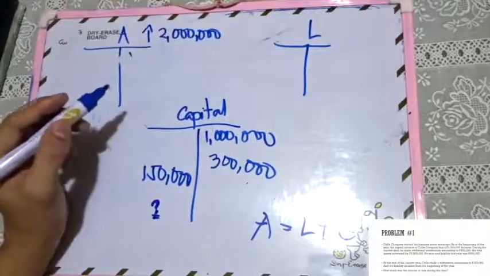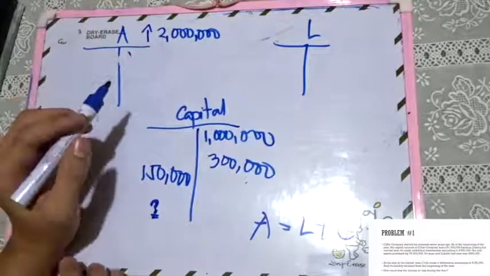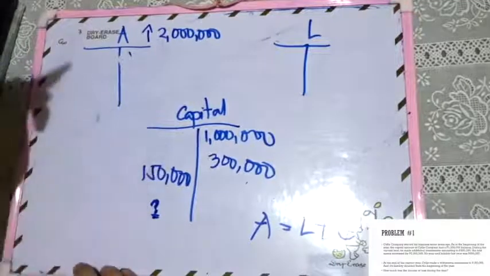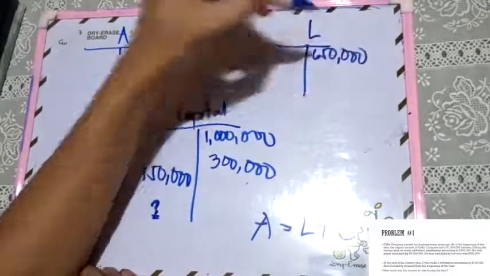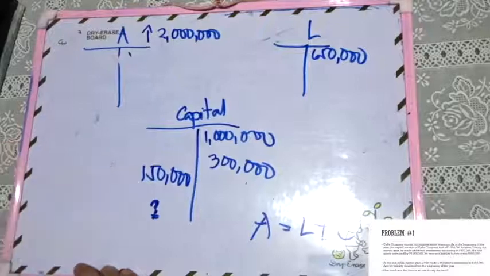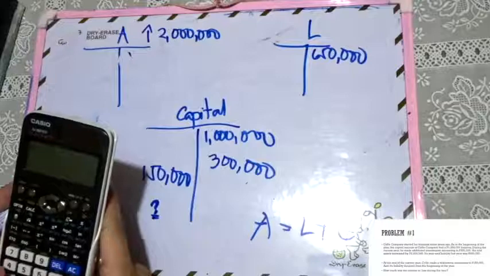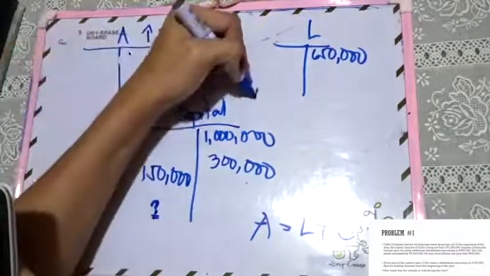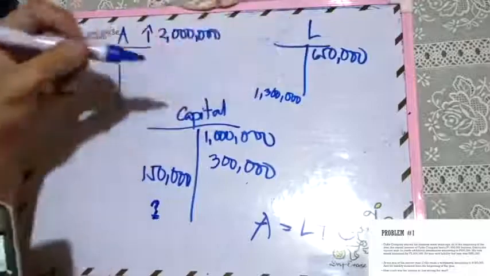For liabilities, you have the year-end liability last year, which is now your beginning balance of liability, 650,000. And then, as of the end of the year, your liability doubled. So that's 1,300,000, 650,000 times 2.